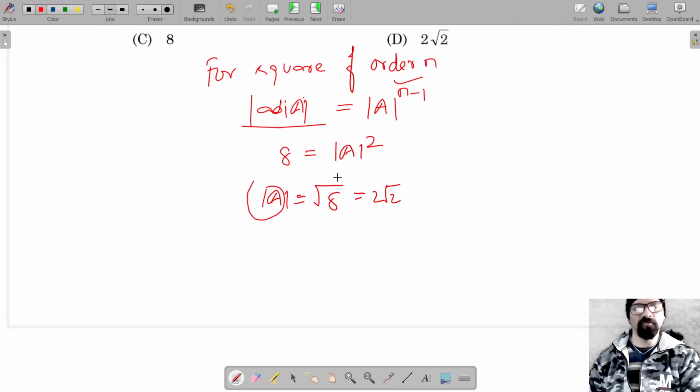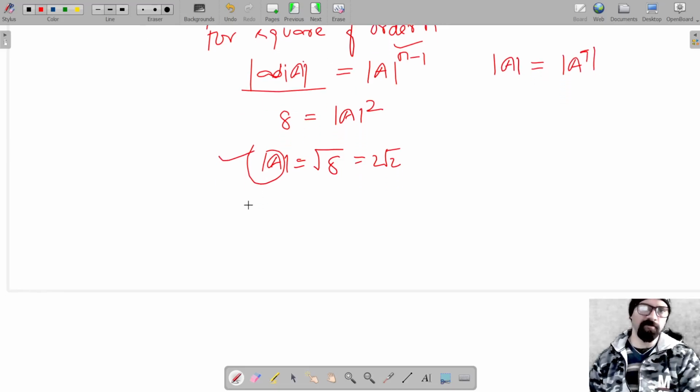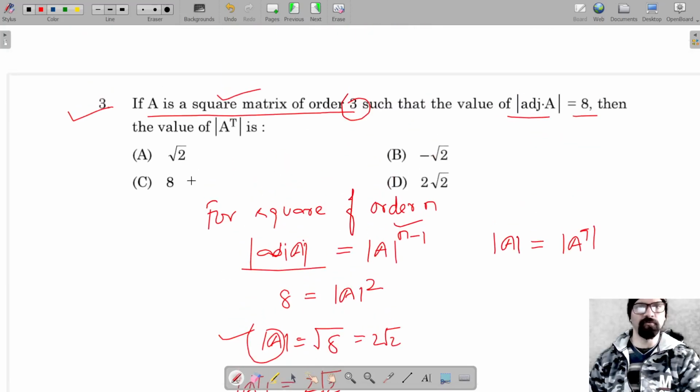Now A is a square matrix. So for a square matrix of any order, determinant of A is equal to the determinant of its transpose. So instead of determinant of A, I can also write determinant of A transpose. So determinant of A transpose is also equal to 2 root 2.